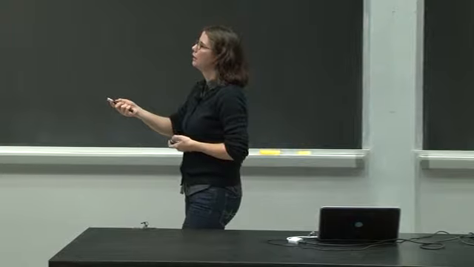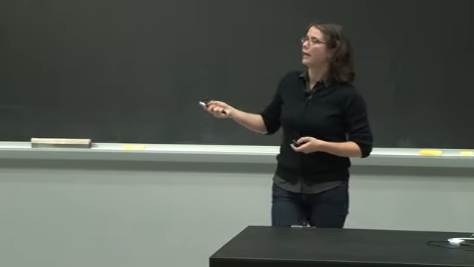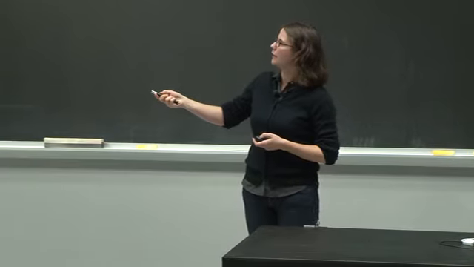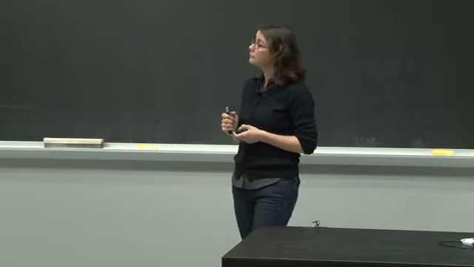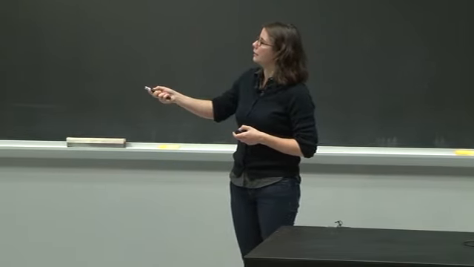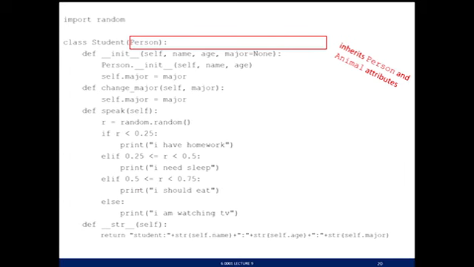Okay? So student has been initialized to be a person. And additionally, we're going to set another data attribute for the student to be the major, and we're going to set the major to be none. The student is going to get this setter method, which is going to change the major to whatever else they want if they want to change it.